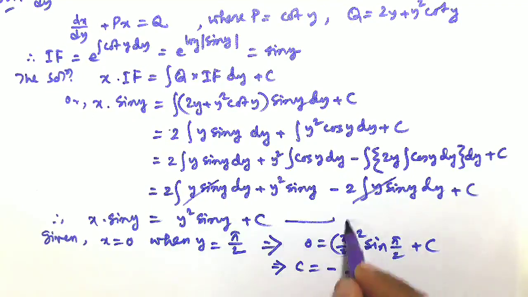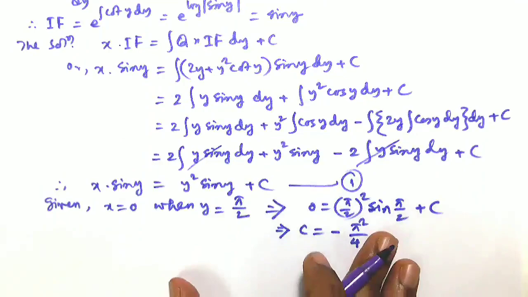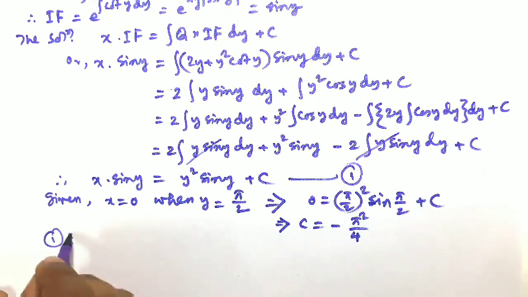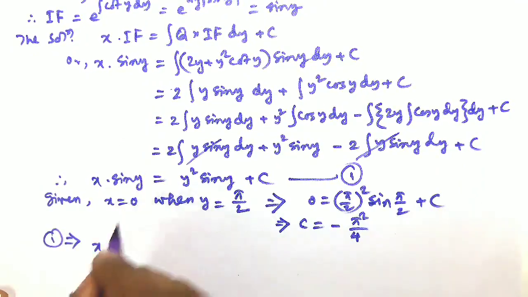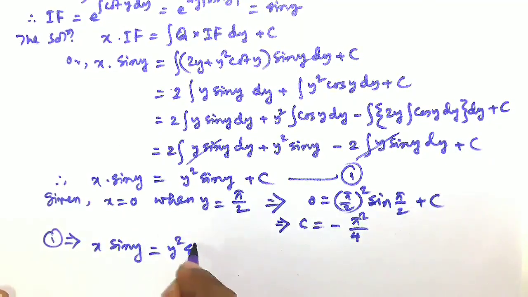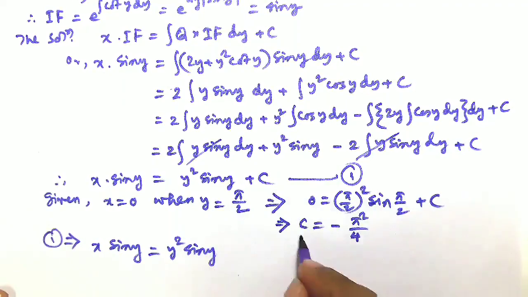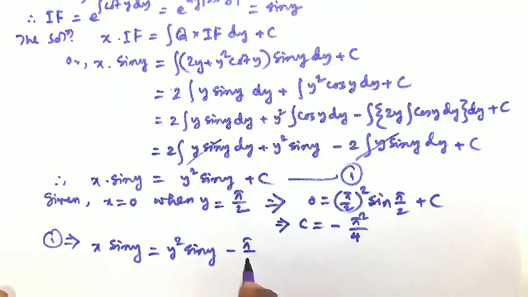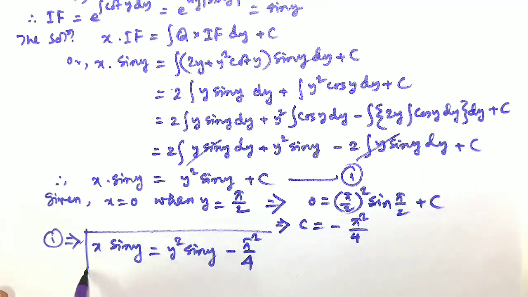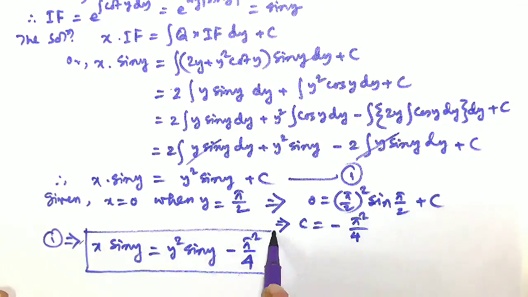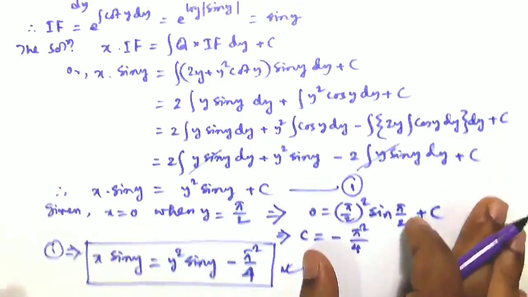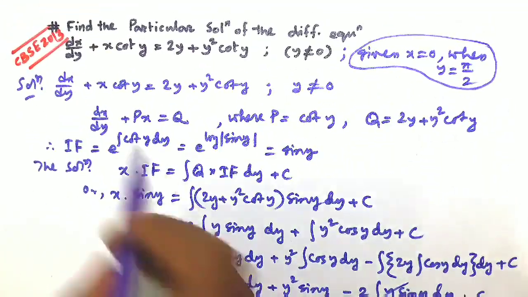So mark it 1. So from 1 we get x sin y is equal to y square sin y plus c, and c is minus pi square by 4. So friends, this is the particular solution of the given differential equation.